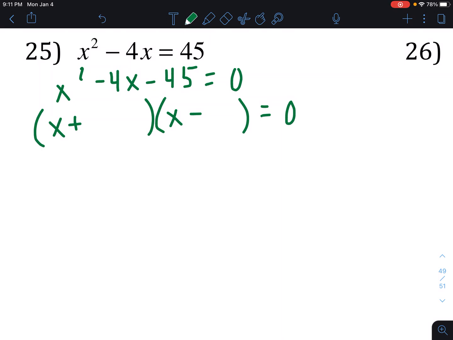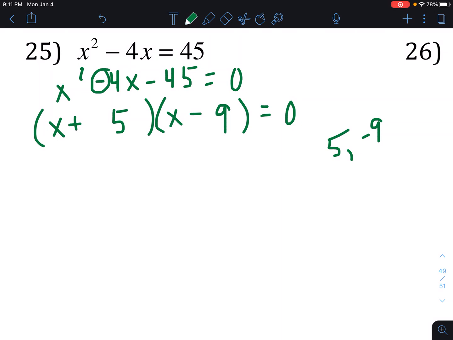I need two numbers that multiply to get 45 and subtract to get negative 4. They would be 5 and 9. The sign of B goes to the bigger number, so the minus gets the 9. And obviously plus for the 5.